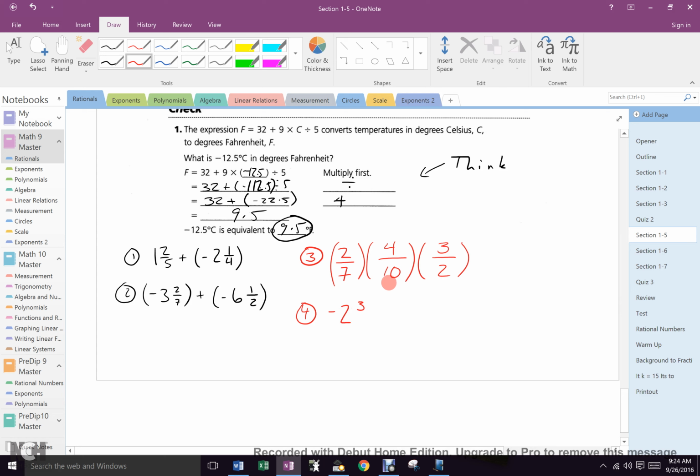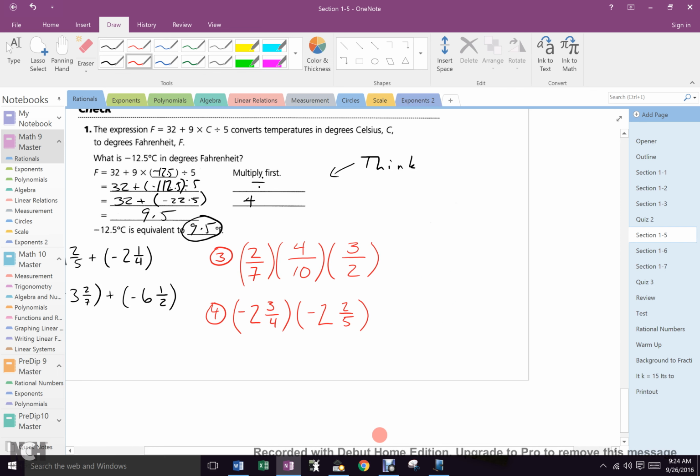It's multiplying fractions. Oops, I don't want brackets there.